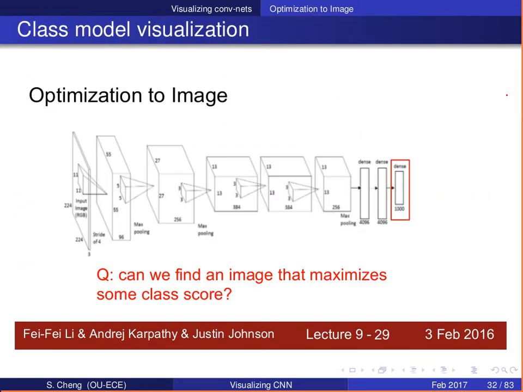But let's say we have a whole layer here, and in the last layer we know that one of the coefficients corresponds to a man, one to a boy, and one to a dog or something like that.